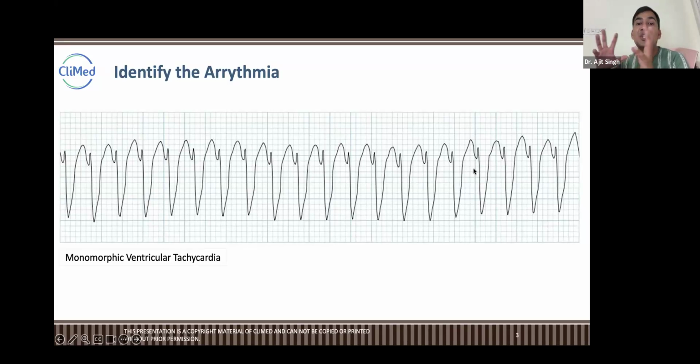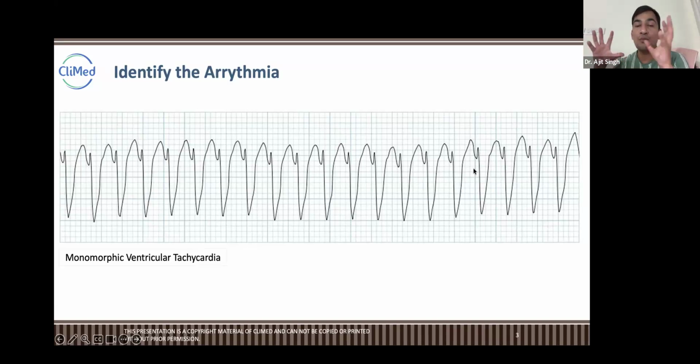It is so broad or so wide that we cannot identify properly by looking at the ECG whether there is any RBBB or LBBB pattern.